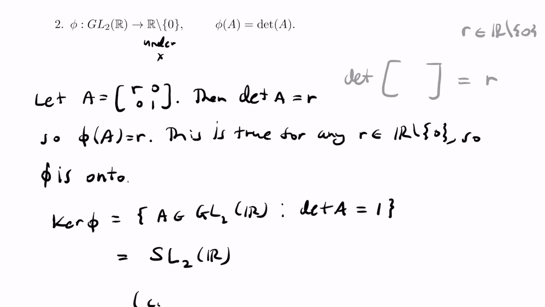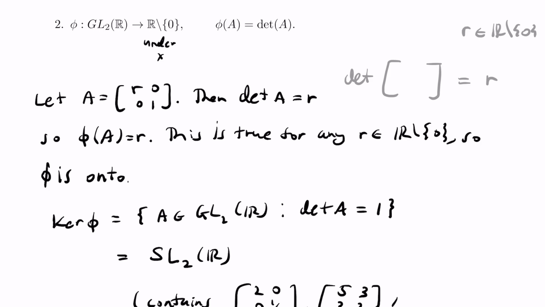So this contains a lot of things. It contains matrices like [2, 0; 0, 1/2], or [5, 3; 3, 2].